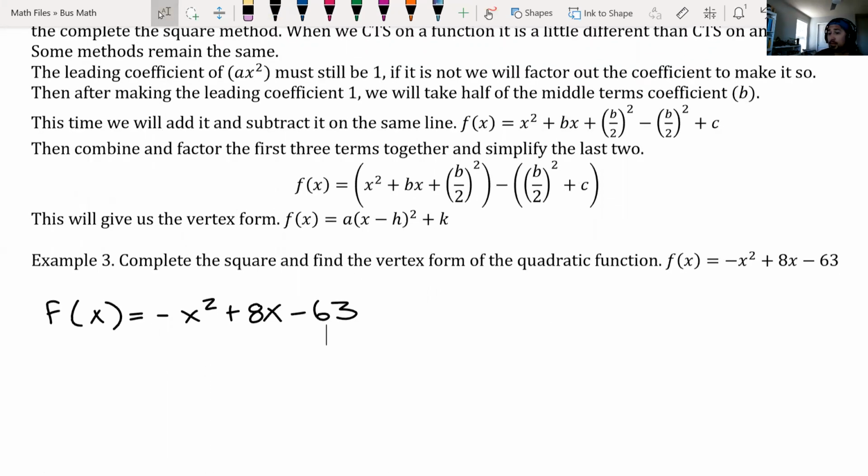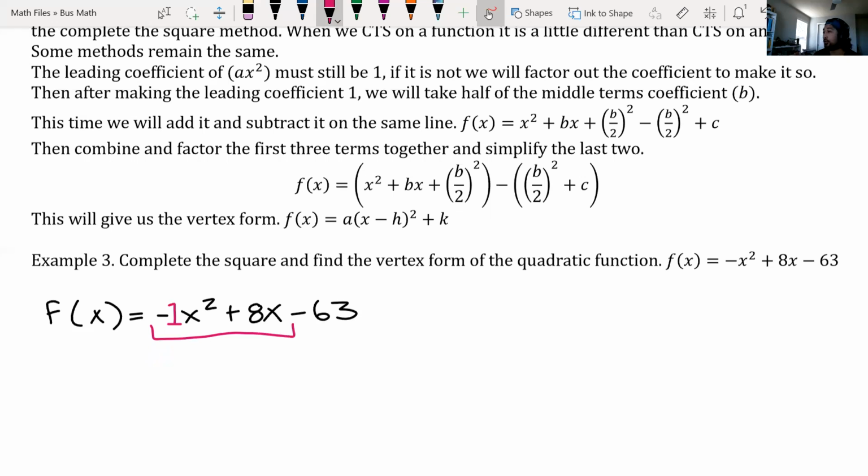Okay, so this one's almost in the perfect form, except that we notice the leading term is a -1, and it has to be a positive one. So what we're going to do here, in order to put it into the perfect form, is we are just going to factor -1 from the x terms. That's it.